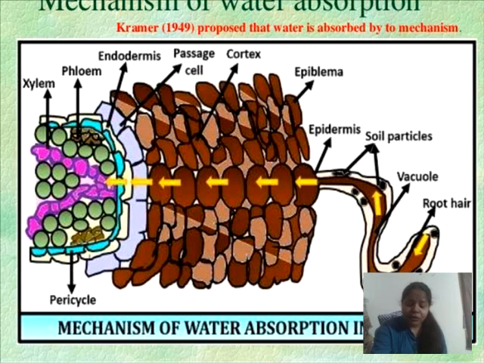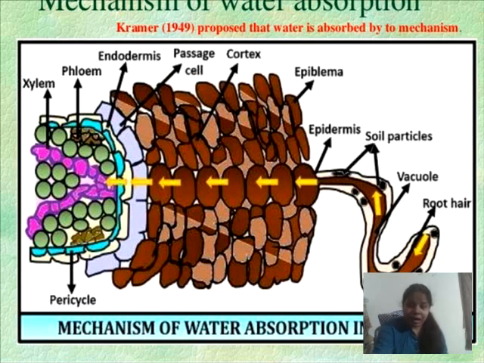Finally, the water enters into xylem through the pericycle. Once the water enters into the lumen of the xylem tracheids and vessels, it moves upwards due to driving forces.